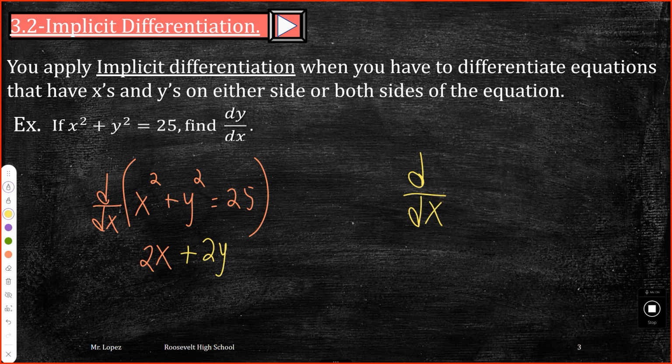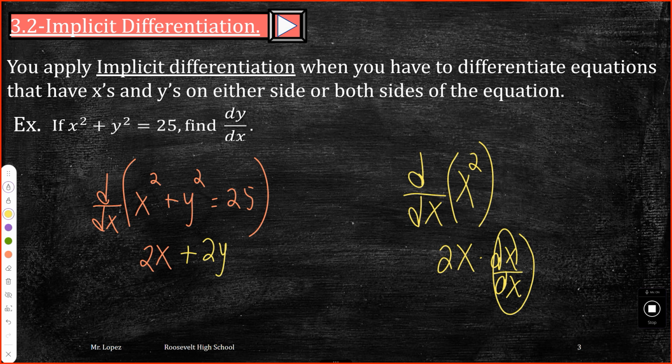See, what we're doing here, d dx of x squared, really it is the derivative of x squared is 2x, but we always are supposed to put something here that is dx, the change of x with respect to x. So dx over dx is like 1, or it's not there.